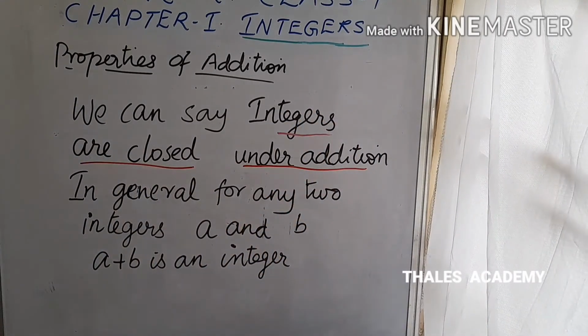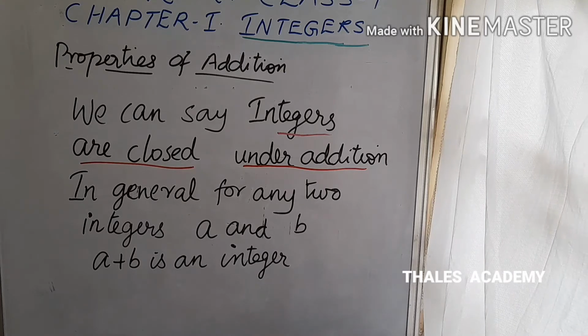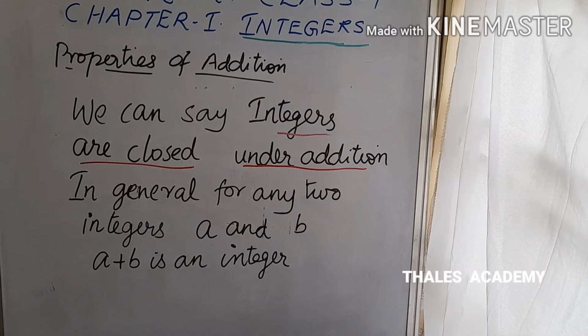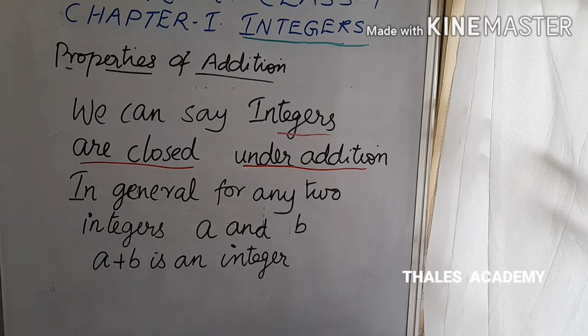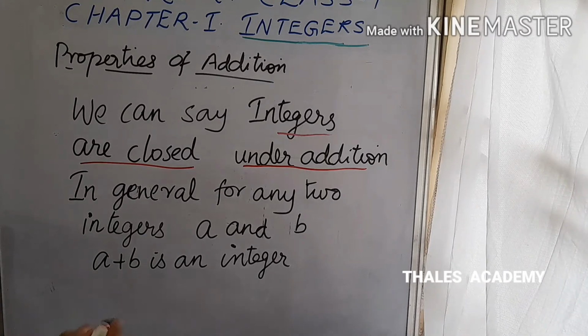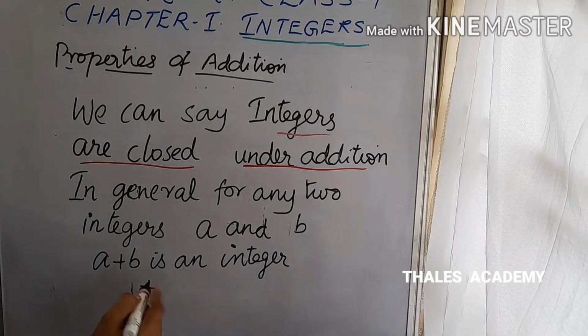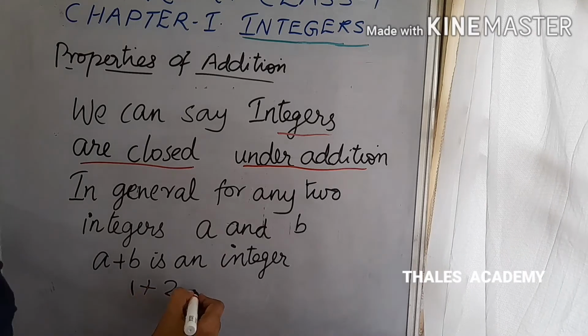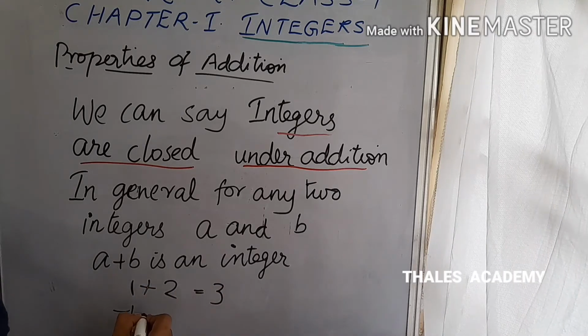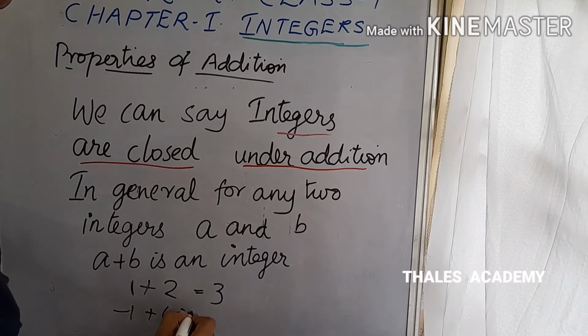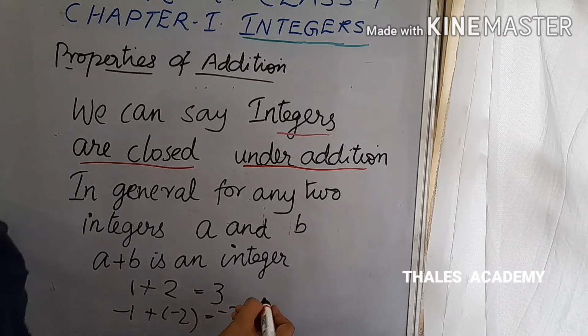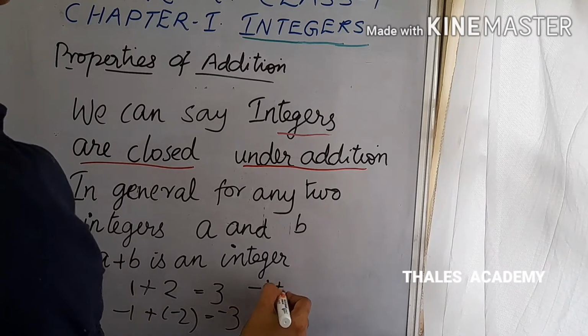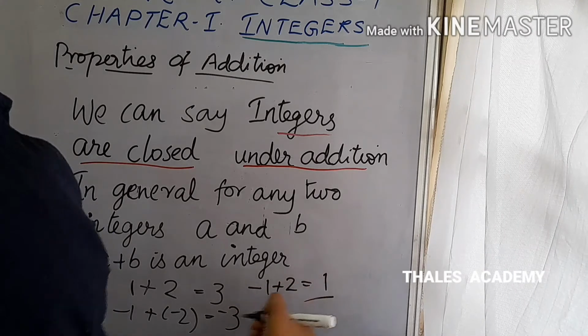In general, for any two integers a and b, a plus b is an integer. That is, if we add any two integers, 1 plus 2 equals 3, minus 1 plus minus 2 is minus 3, minus 1 plus 2 gives 1.